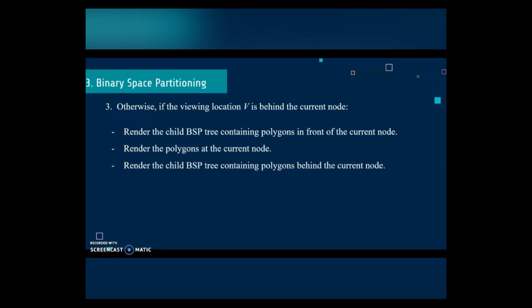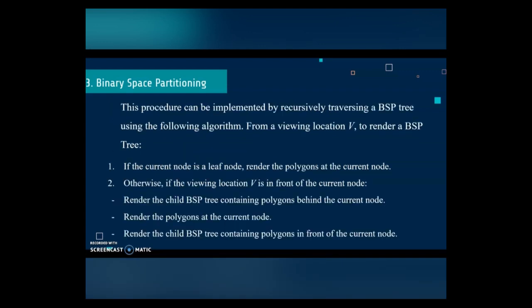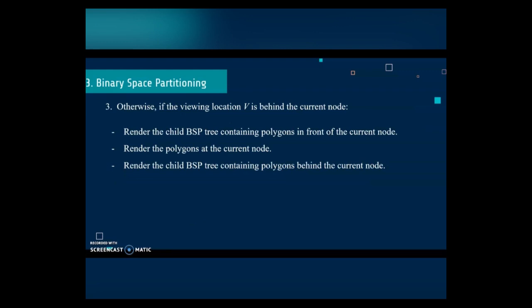Otherwise, if the viewing location V is behind the current node, we render the BSP tree containing polygons in front of the current node, then the current node, and last but not least, behind the current node. So as you can see, it's the opposite.